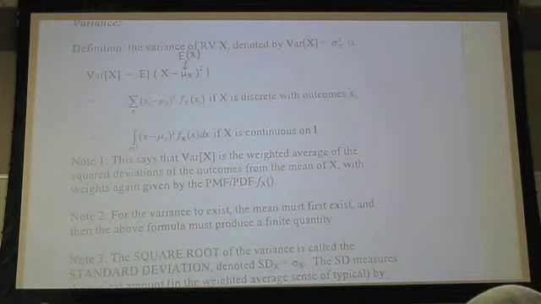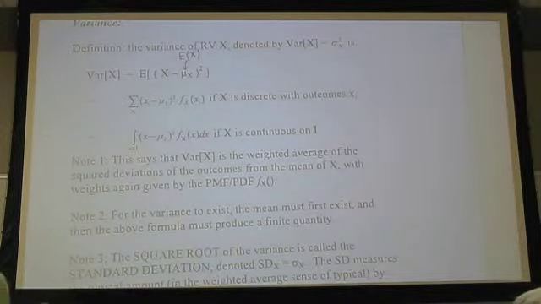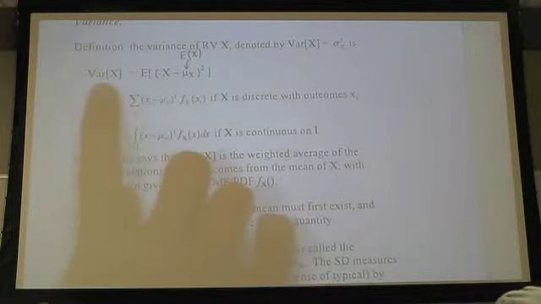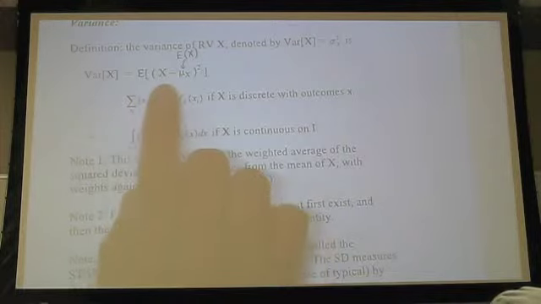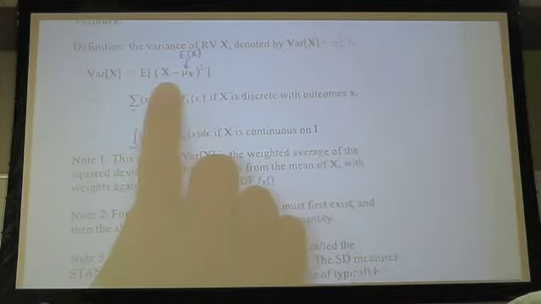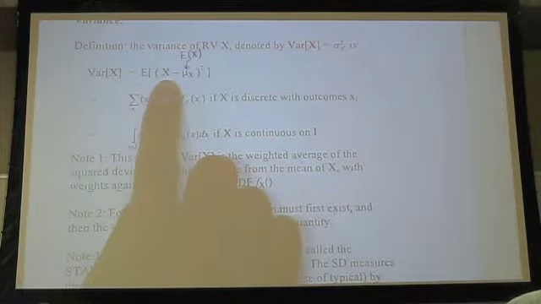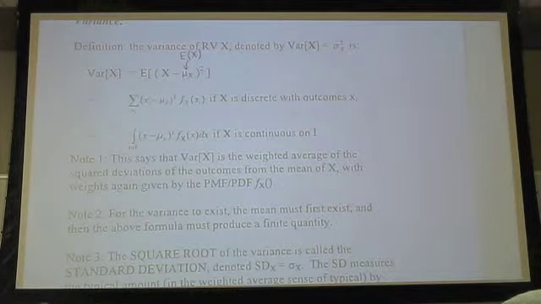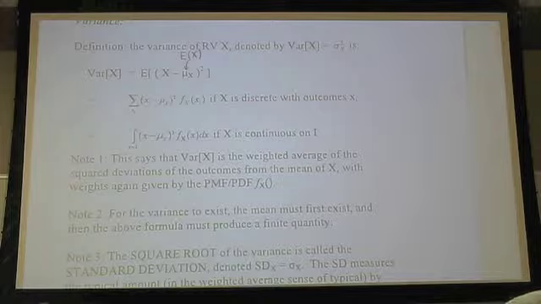So now that we know how to define the mean or the expected value, mu, to define the variance, you first look at the difference between x and the expected value that you just computed. So you form x minus mu sub x right there, then you square that thing, and then you compute the expected value of that squared thing.